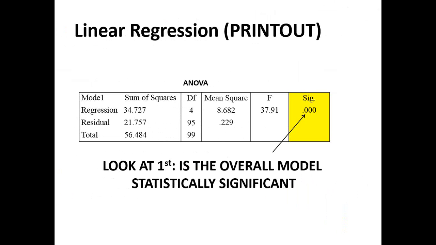If this isn't 0.05 or below, as in statistically significant, then the entire model is not credible, and we don't consider anything else. However, we can see here that our significance level is 0.000, which means that it's a statistically significant linear regression model. And of course, you can call it a multiple linear regression model because we have more than one predictor.